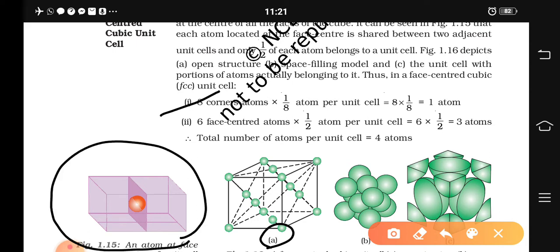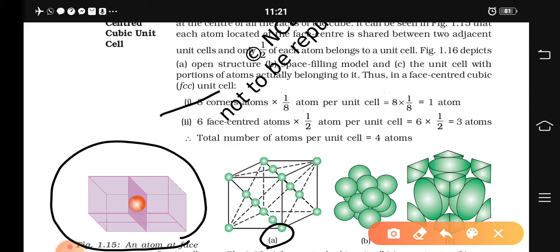Can you see that atom which is present at the face? An atom present in a particular face will always be a part of 2 units. It will not be a part of 1 unit cell, but it will be shared among 2 unit cells, but not more than 2.